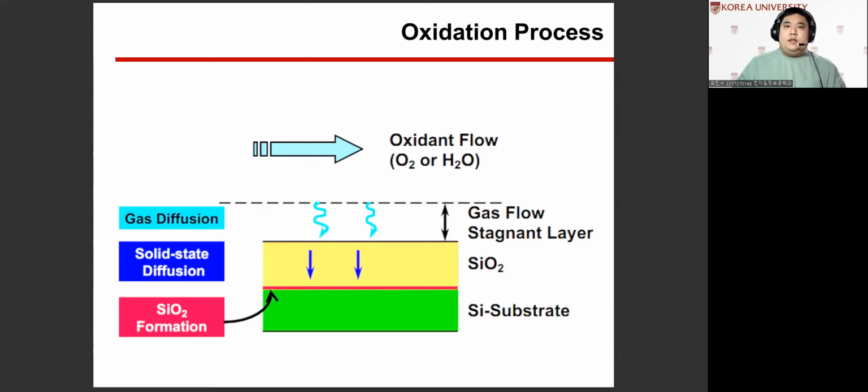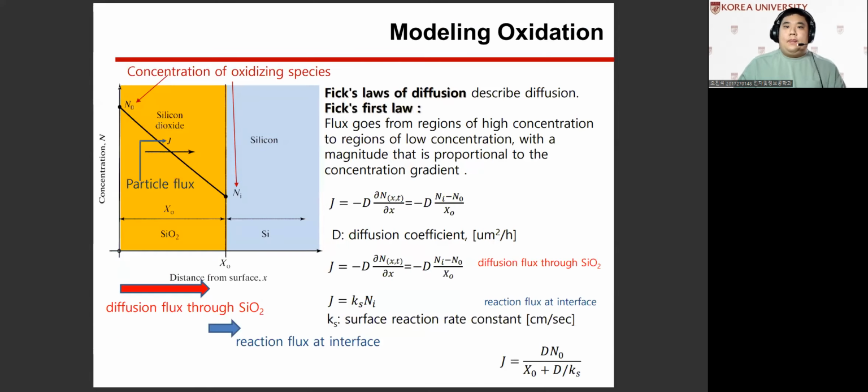In the oxidation process, the oxidizing gas or humidity diffuses through the oxide and reacts chemically at the layer between the oxide and the silicon substrate. This is the oxidation model.